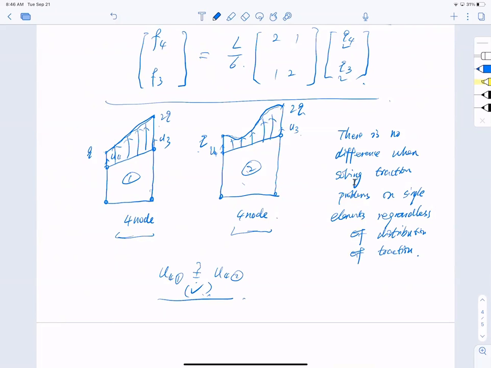Now, theoretically, their displacement should be different, isn't it? Yes, it has to be different. But in FEA, since we use the same shape function, the nodal forces will be the same anyway, so when we solve the matrices, the displacement we solve for both elements will be the same. Is that right? Yes. So if I want to correct it, what should I do here? Maybe we could add some nodes in between.